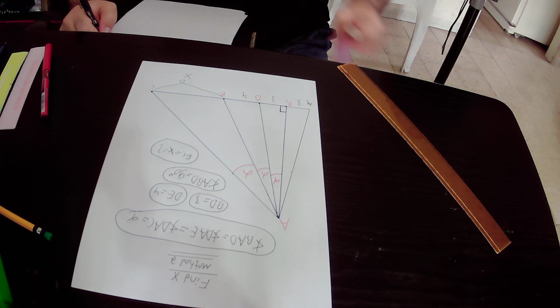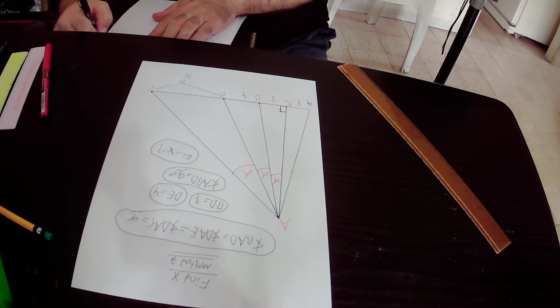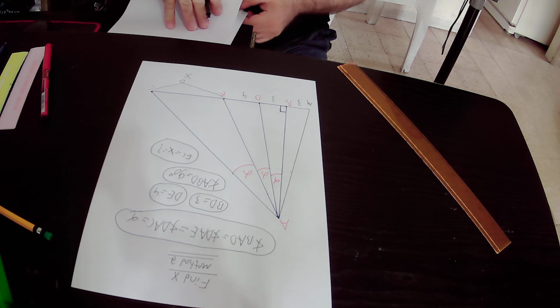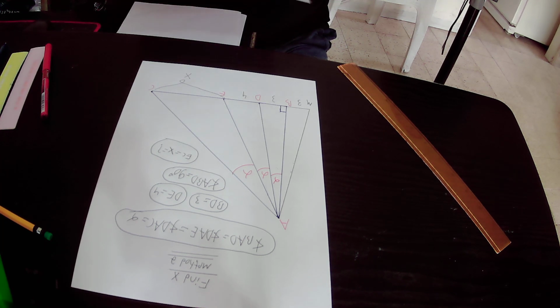And we have a rule that the sum of the angles on a straight line equals 180 degrees.